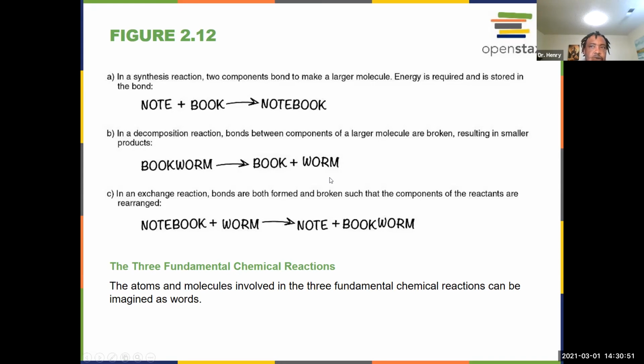Then we have what we call the girlfriend exchange or boyfriend exchange, depending on the way you look at it, or the exchange reaction, where you're substituting one thing for another. Here we have notebook plus worm, and now we get note plus bookworm.